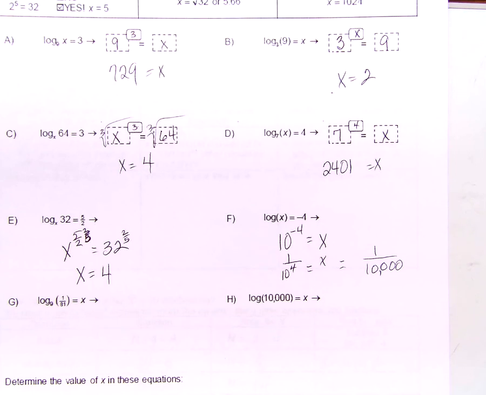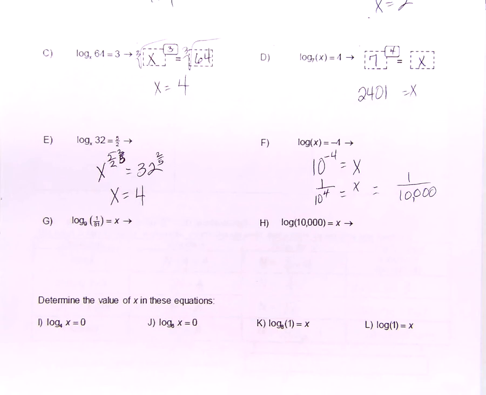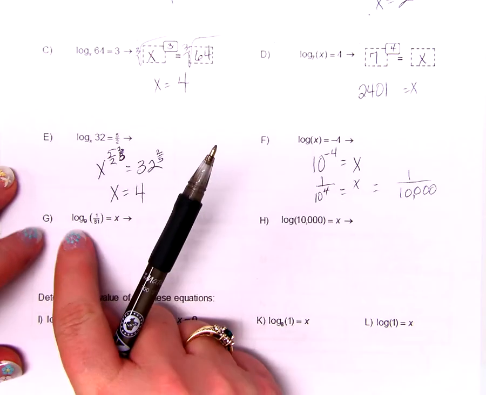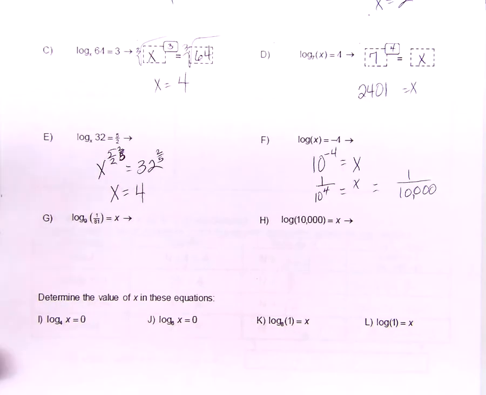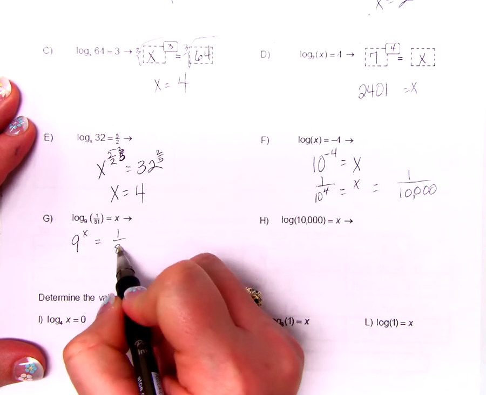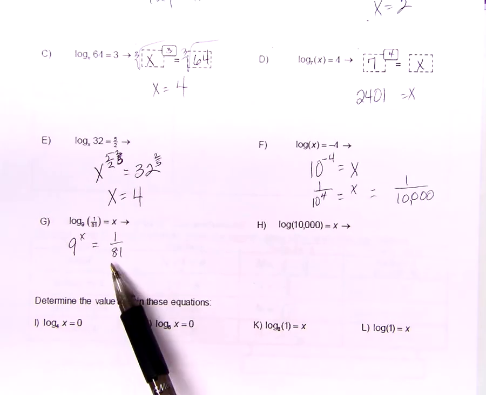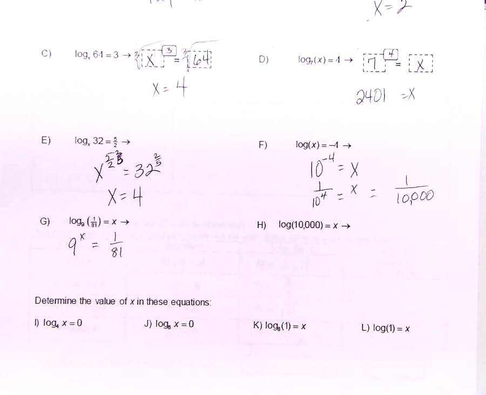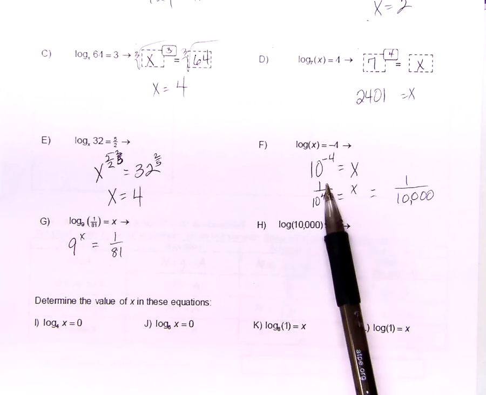Are you sensing my sarcasm? Good. So tell me about G. I'm talking about letter G on the paper. 9 to the x equals 1 over 81. Of all the ones on the page, this is one that I would be okay if you struggled just a tiny bit with, except we just talked about this problem.